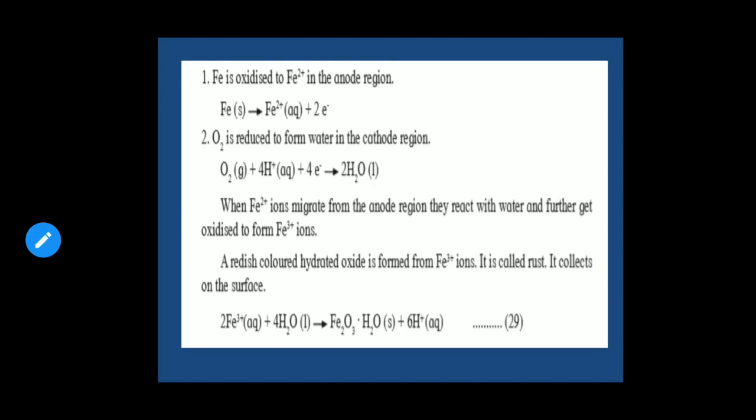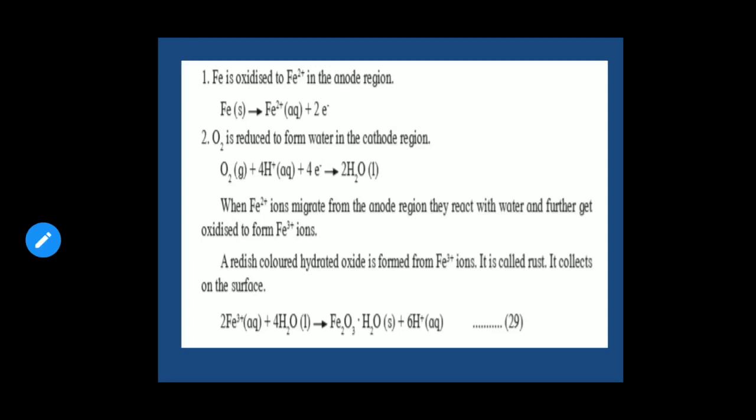Oxygen is reduced to form water in cathode region. This is a reduction reaction, which means oxidation and reduction reactions take place simultaneously. When Fe2+ ions migrate from anode region, they react with water and further get oxidized to form Fe3+ ions, and a reddish colored hydrated oxide is formed from Fe3+ ions.